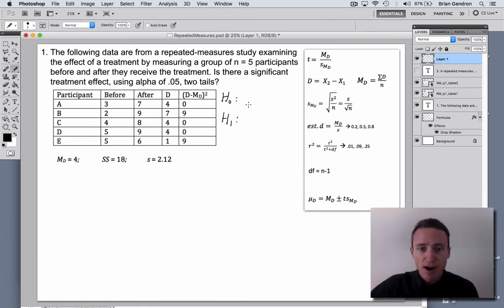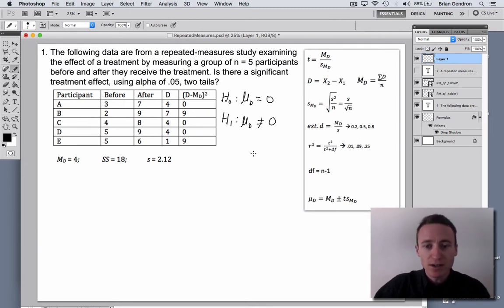So that's what the null hypothesis is stating, that if everyone were given this treatment, the average difference in the entire population would be 0. And the alternative, on the other hand, is saying no, that this treatment causes some change, that the average difference score for the population is not equal to 0. And so we want to determine which of those two is the case.